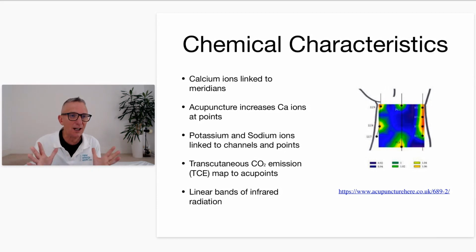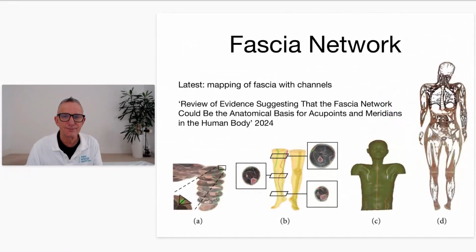So you've got mineral ions, the breathing of the skin mapping to the points, and linear bands of infrared radiation. All kinds of interesting things going on around the points. So you can see the breadth of research that has been done.